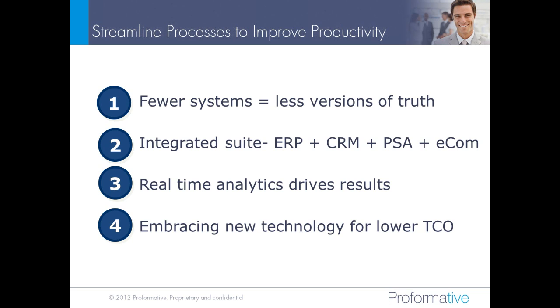Having an integrated suite, whether it's a CRM, an ERP, professional services or e-commerce, running your entire business on one platform is going to help you streamline process and improve productivity because everyone has access to the same data. Then there's real-time analytics. Because of so much automation, there's so much data in our organization, yet we don't have visibility to it, and we are not able to make decisions based on that data.